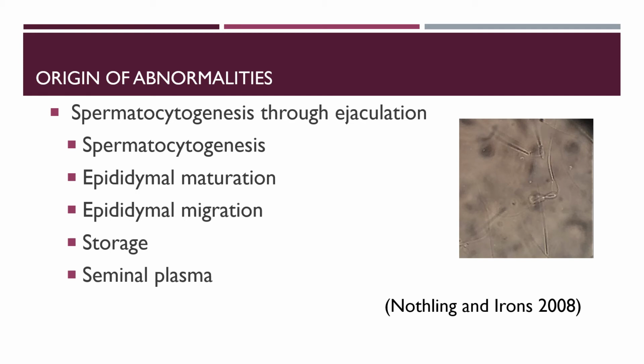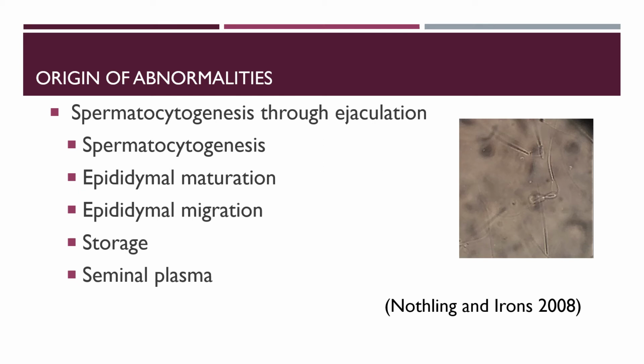During spermatocytogenesis, genetic problems can play a part in just producing inherently incorrect cells. During epididymal maturation, the epididymis may have some type of deficiency or defect that would cause abnormalities or just an outright inhibition of proper maturation in the cell.